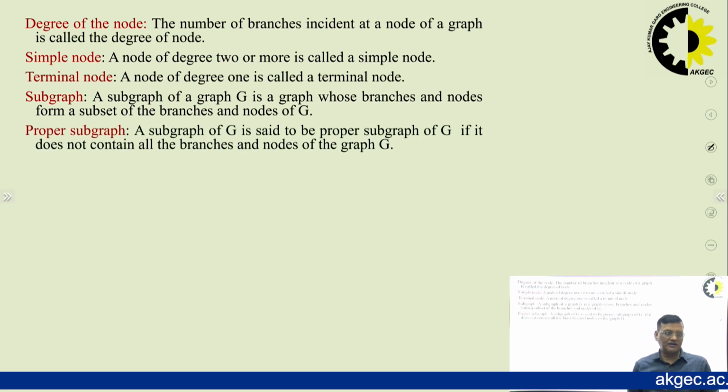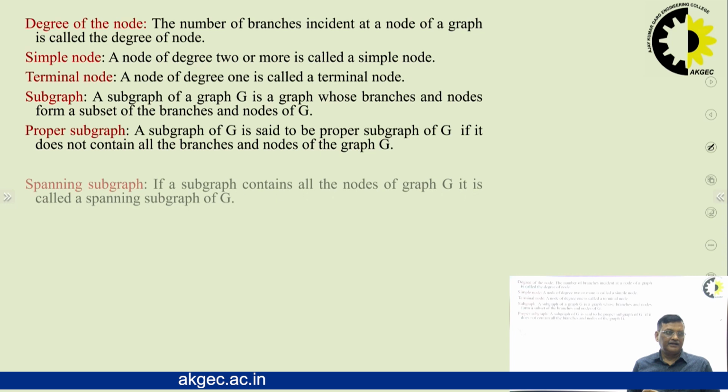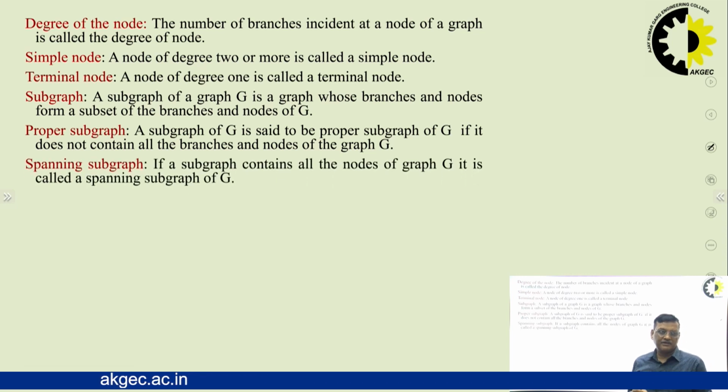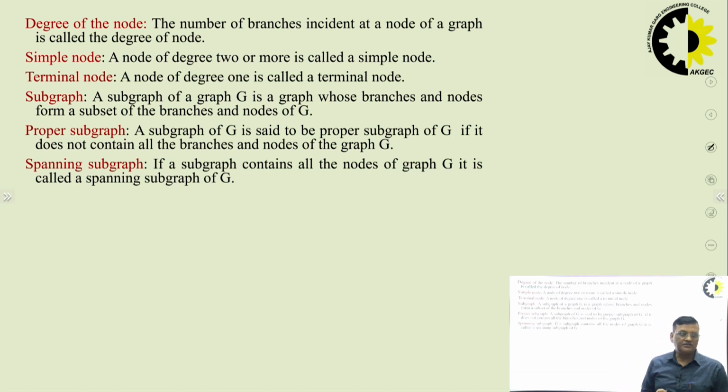Then what is a proper subgraph? A subgraph of a graph is said to be a proper subgraph of graph G if it does not contain all the branches and nodes of the original graph G. Then a spanning subgraph: if a subgraph contains all the nodes of the graph G, it is called a spanning subgraph of graph G.